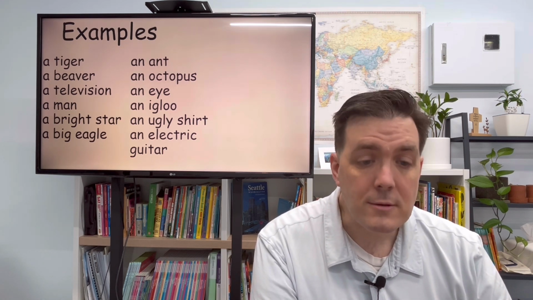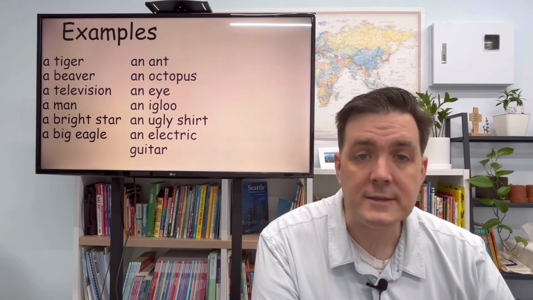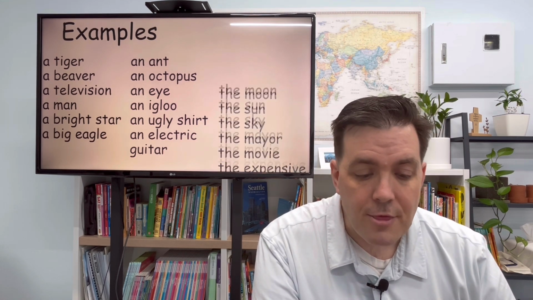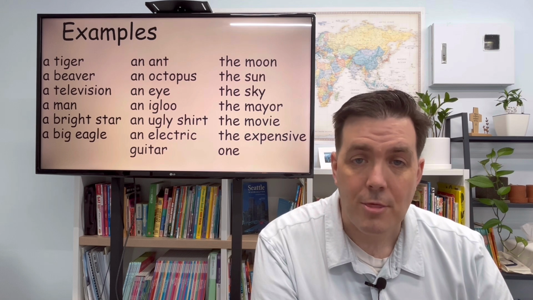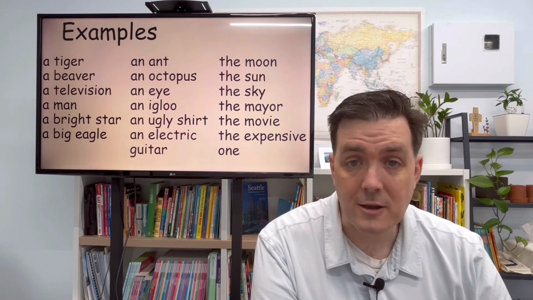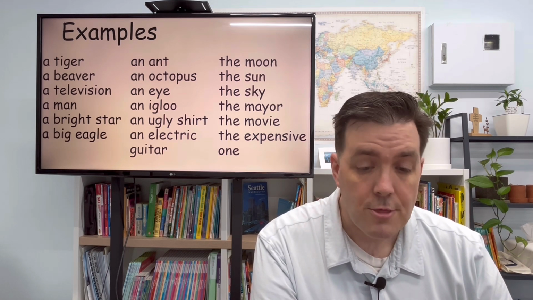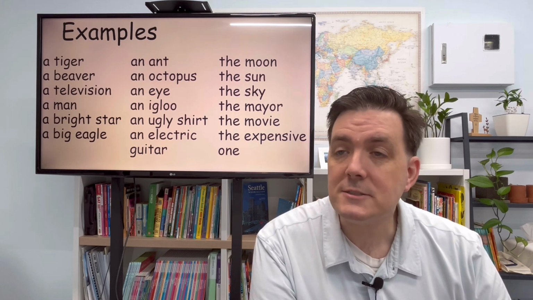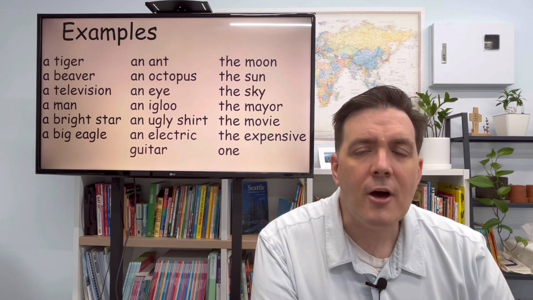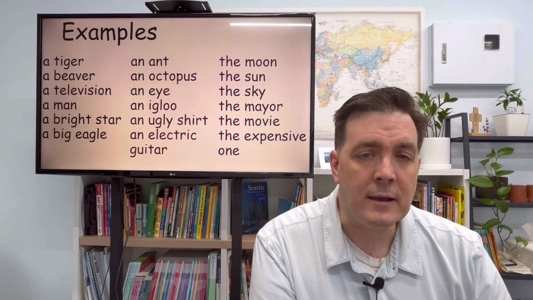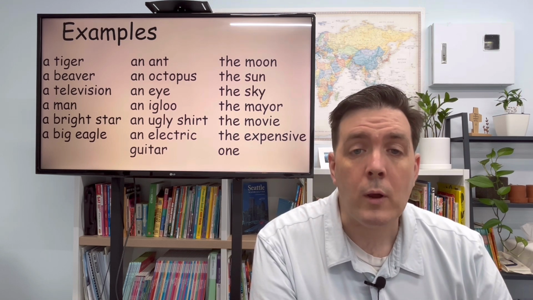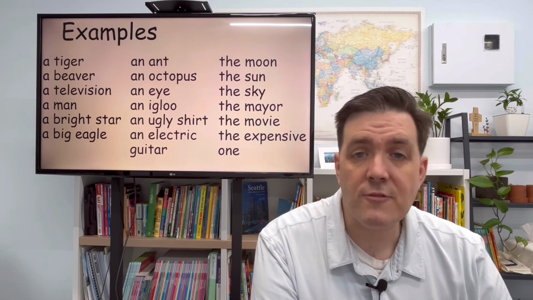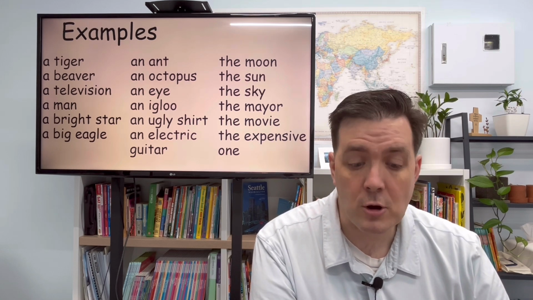Now the third article is the. Here are a few of them: the moon, the sun, the sky, the mayor, the movie, the expensive one. The is different from a and an, because when we use the, we are referring to a specific thing or a specific person.